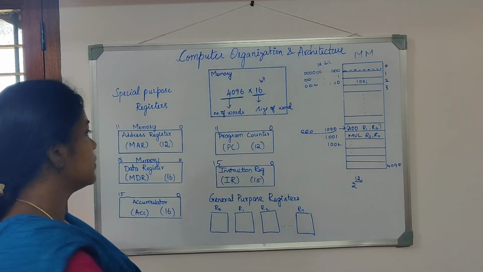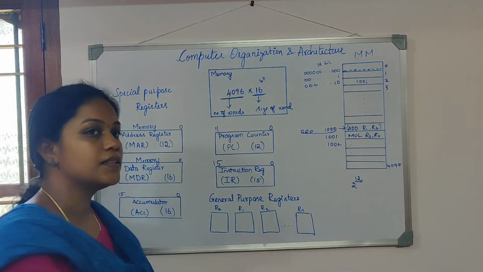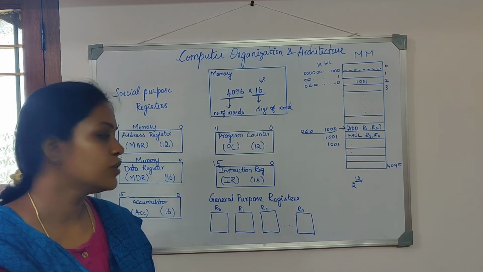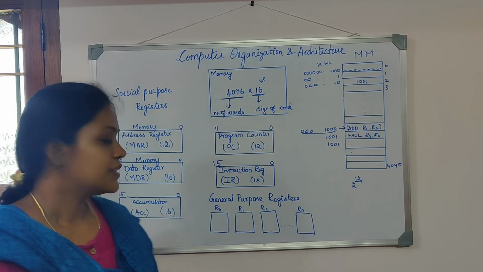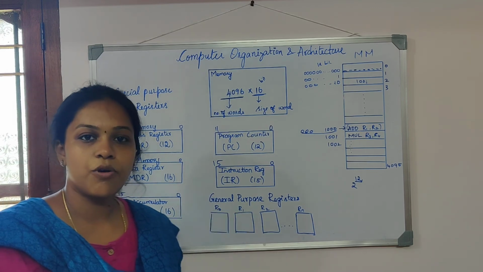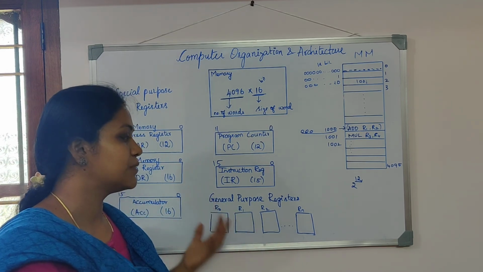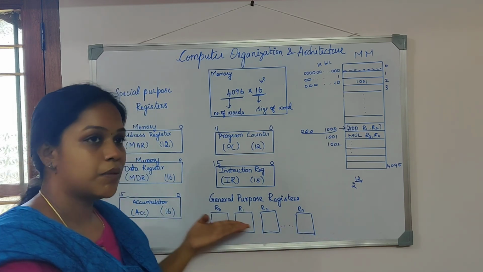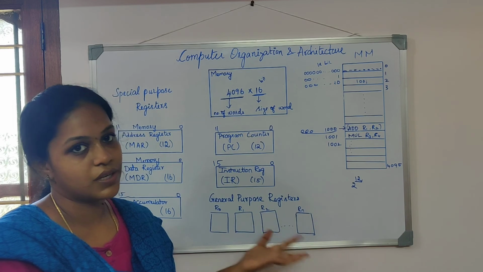So these are the special purpose registers available inside the processor. Coming to the general purpose registers, depending upon the architecture, you can have as many general purpose registers as possible. A general purpose register is used to store data.